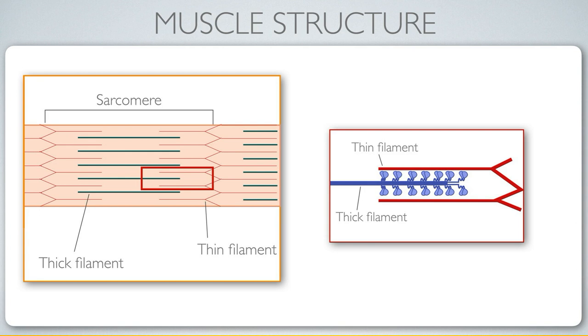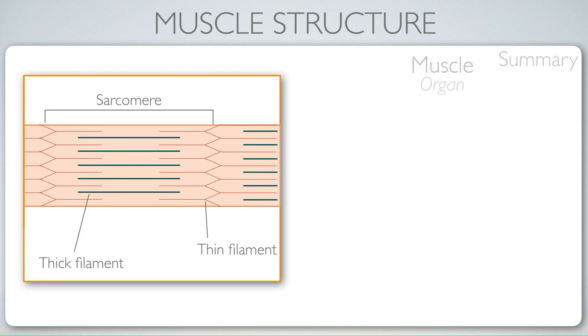But to summarize the structures that really matter, we have, again, at the organ level, what's called a muscle. If I refer to a particular muscle, just think, okay, that's an organ. And then we had fascicles, don't worry about that term, but below the muscle level we have cells, which are called fibers.